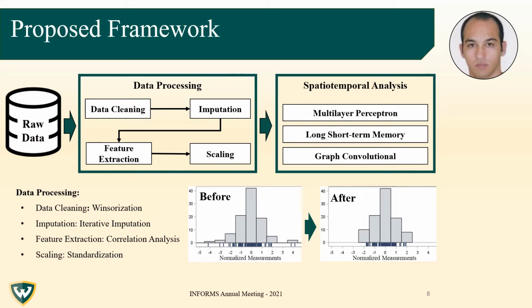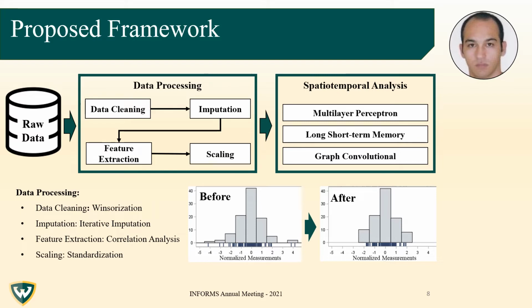Afterwards, since we had some missing values, we imputed the missing values using the iterative imputation method, which is a multivariate imputer that estimates each feature from all the other features. We also extracted some features using correlation analysis as well as the distribution statistics of the data. Then we scaled the data and divided it into train, validation, and test sets.